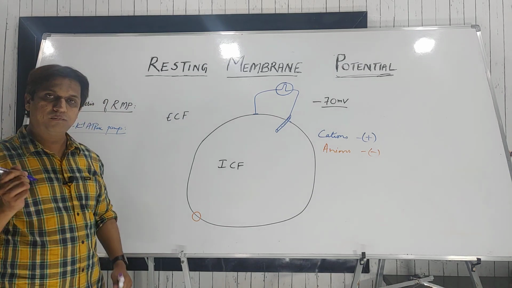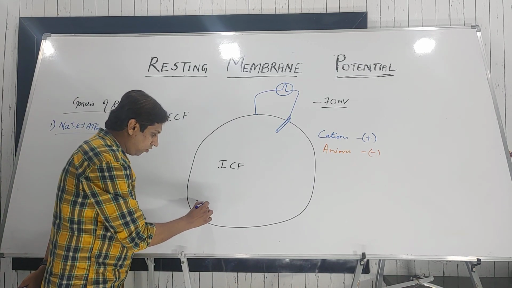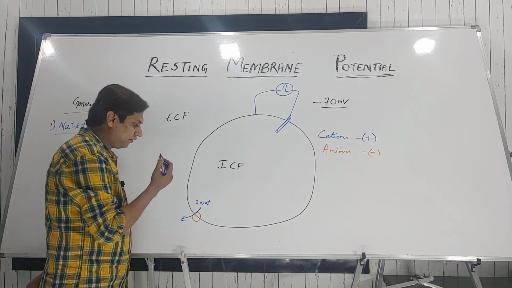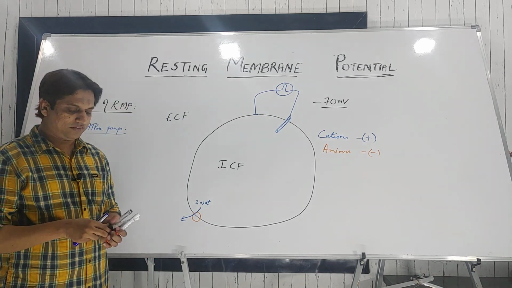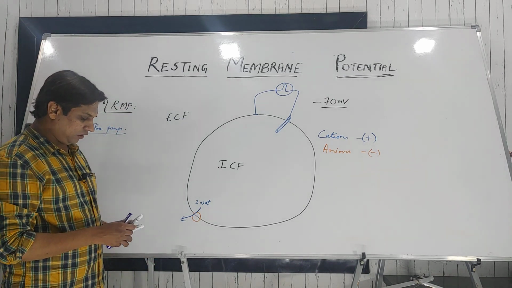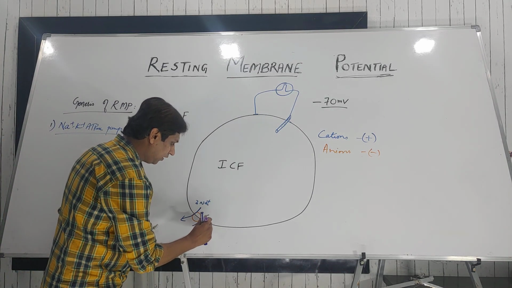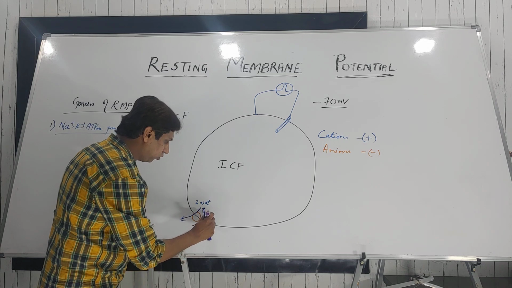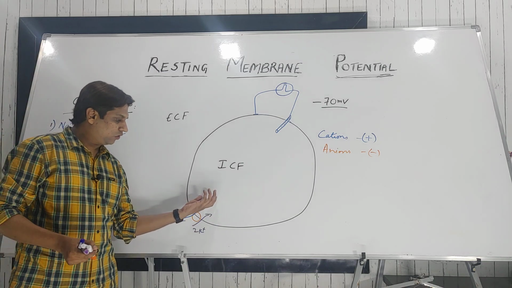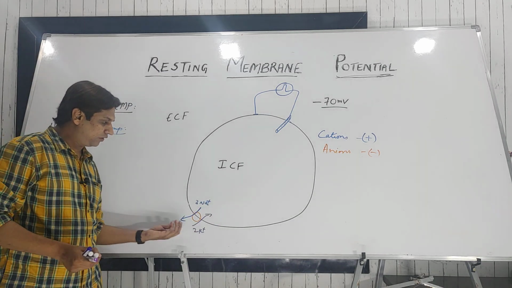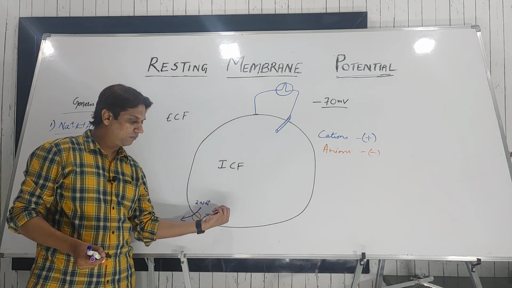So what this pump actually does is, it will transfer 3 sodium ions from inside to outside the cell, and simultaneously two potassium ions from outside to inside. When it transports 3 sodium ions from inside to outside, simultaneously with the same energy, 2 potassium ions are transported inside the cell.